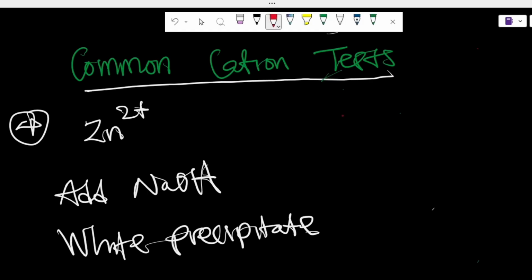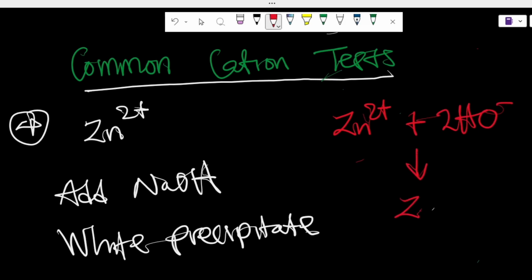Again, the reason is zinc 2 ions react with hydroxide ions, and the result you're going to have is zinc hydroxide. Now, this zinc hydroxide is actually whitish in color, so that's how you get this white precipitate.